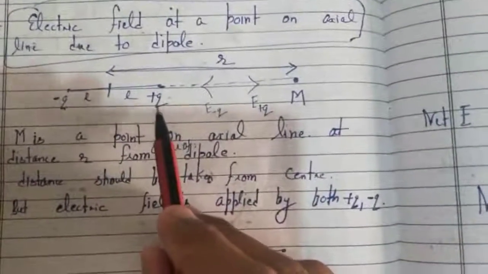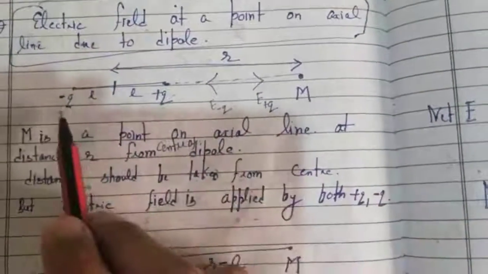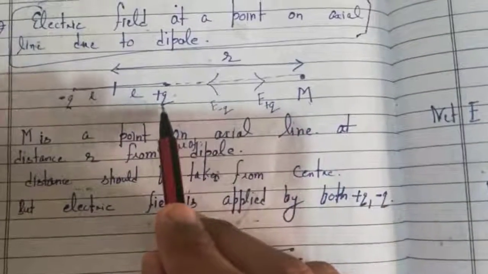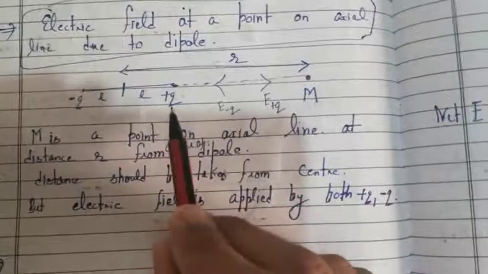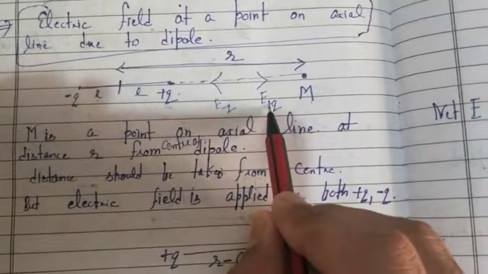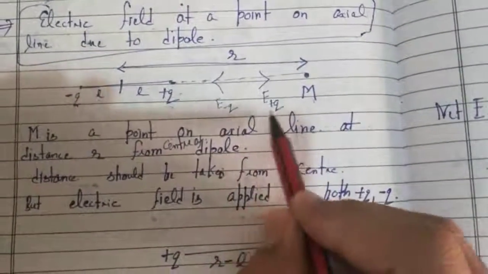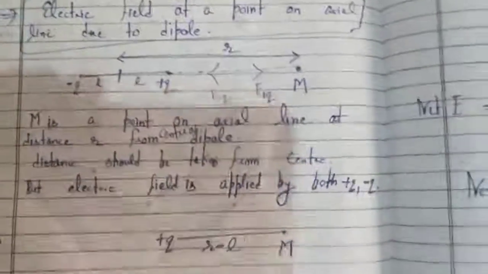As positive Q is near to M and minus Q is far away from M, the field due to plus Q will be strongest, because the field depends inversely on the distance. We will subtract the weakest from the strongest.